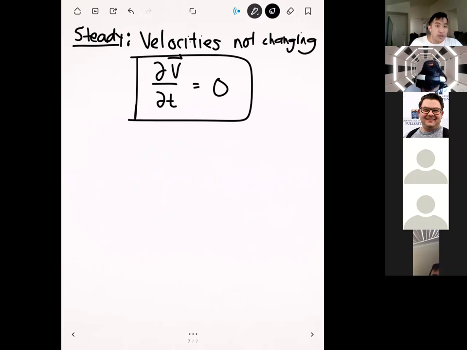And so the way that we describe a steady flow in words is to say the velocity is not changing, and mathematically all we do is take the derivative with respect to time and say that it's 0. You can put this another way: the flow is not accelerating or decelerating with respect to time.